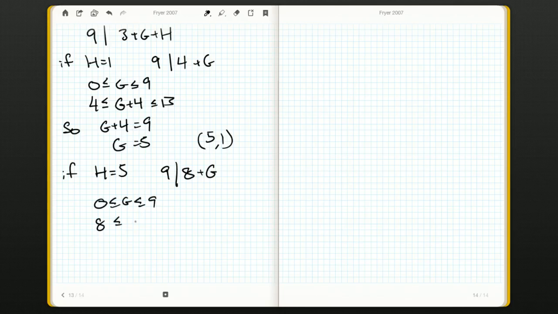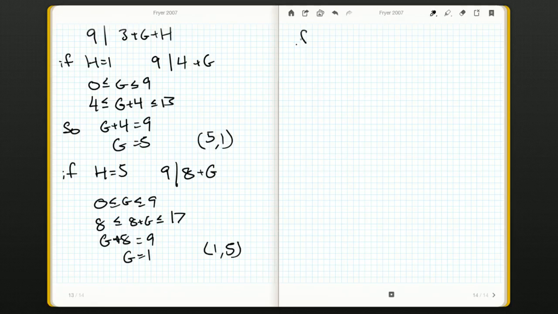G lies between 0 and 9 inclusive, so 8 plus G is between 8 and 17 inclusive. So that gives us G plus 8 equals 9. G equals 1. So 1 and 5, that's another pair. Interesting little symmetry there, I like that.